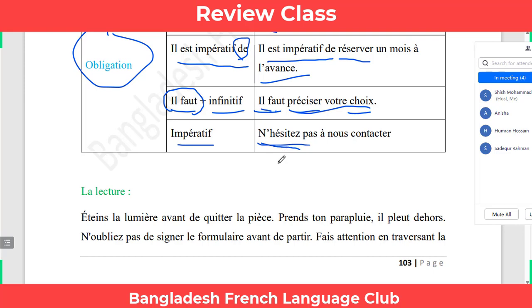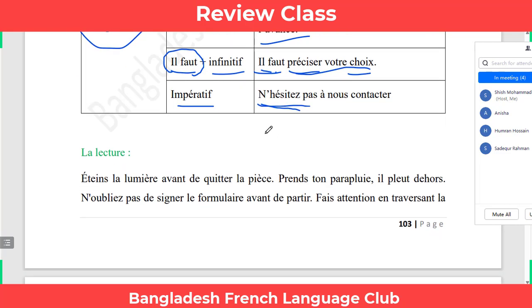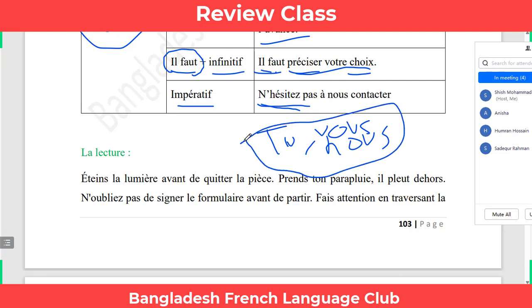You can say regardez, and the imperative sentence is only used with tu, nous, and vous as well, as it is the formal in French. So with these three subjects, the imperative is used. Otherwise it's not possible with the other subjects.